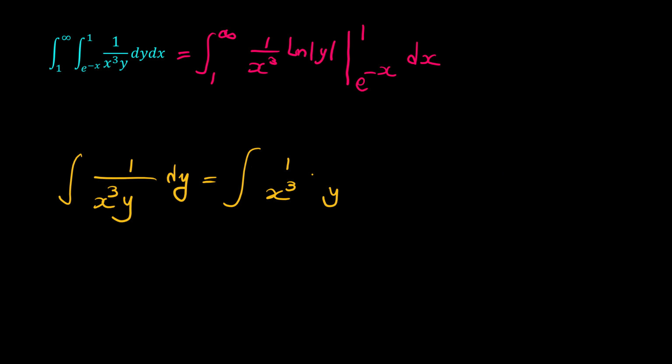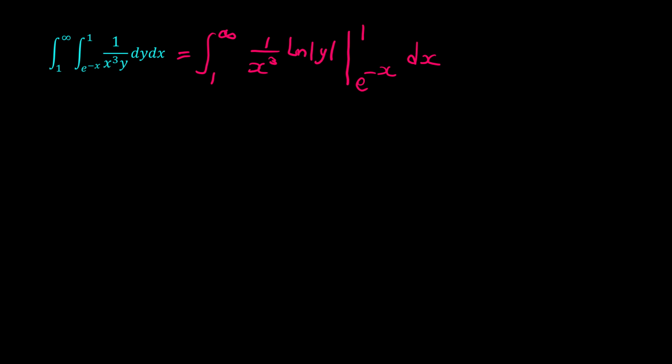Now we have to substitute 1 and e to the negative x for y, and we have to find the value of this expression. This equals integral from 1 to infinity 1 over x to the 3 ln of 1 minus 1 over x to the 3 ln of e to the negative x.